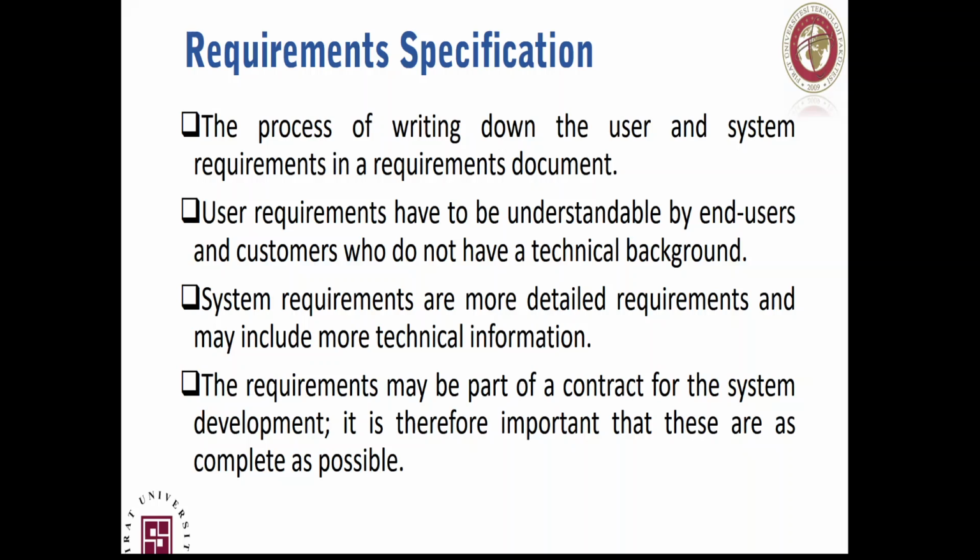We may also provide constraints on the system's operational process. That means not only the functional requirements, we would also be describing the non-functional requirements. So you may think about that particular difference between system requirements and user requirements.